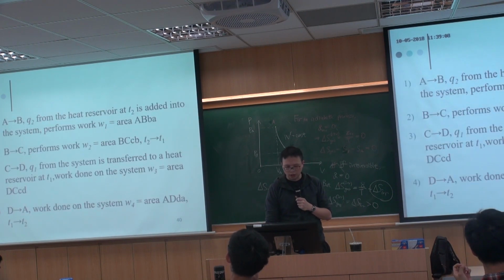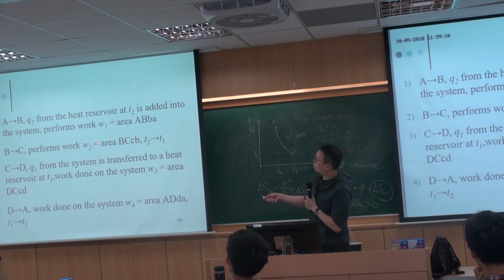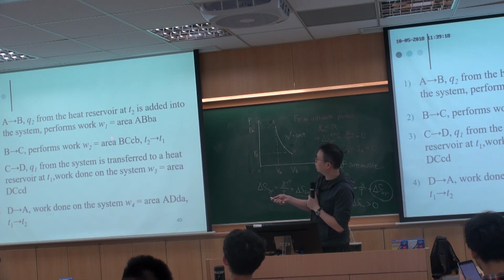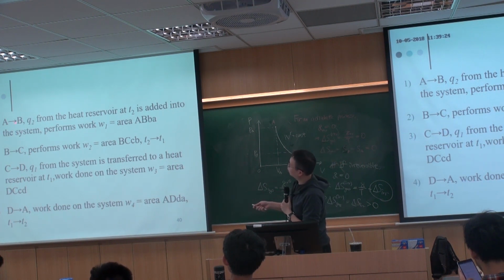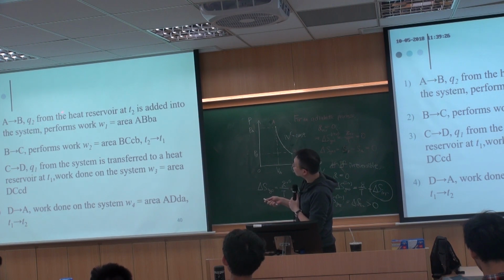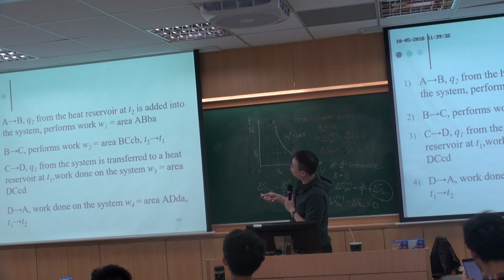So in short, you can decompose the cycle into these 4 different processes, and I don't want to go through these paragraphs, but the bottom line is that for A to B, we're absorbing heat from the hot end of the reservoir.